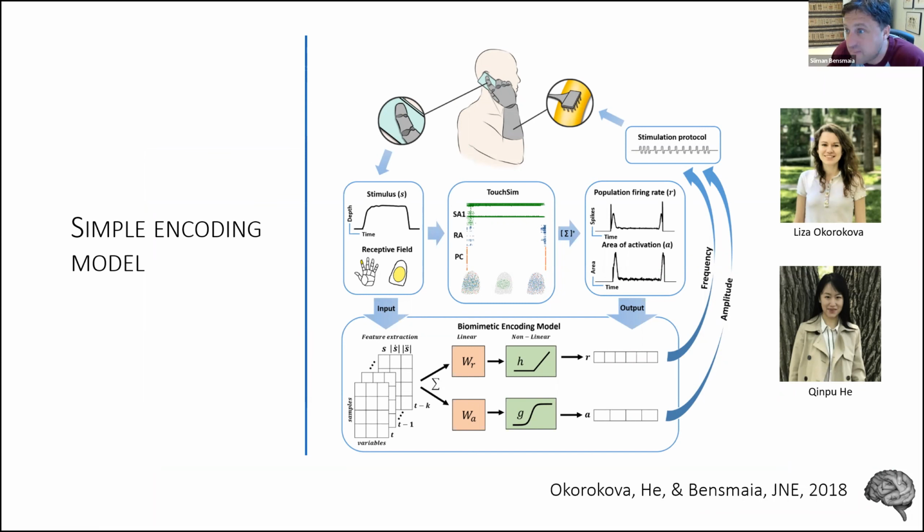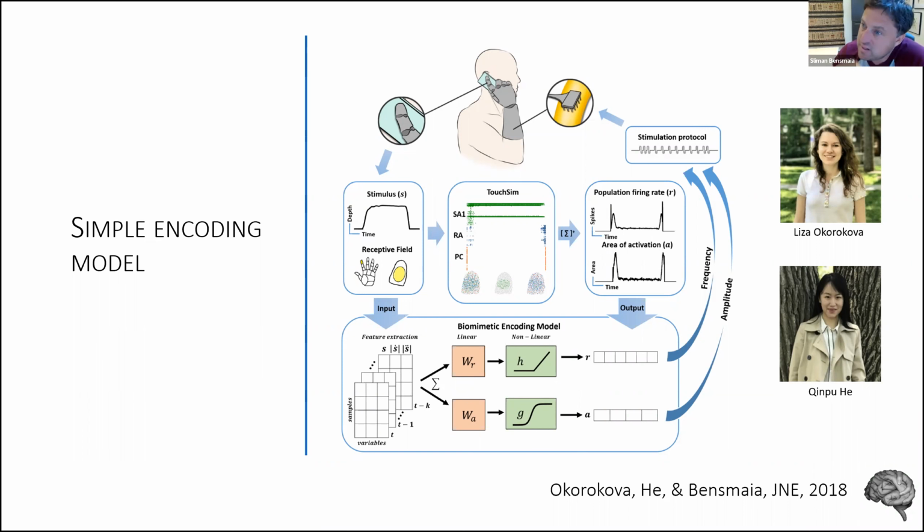So if we had a stimulator that allowed you to selectively activate thousands and thousands of different nerve fibers individually, then we could restore the sense of touch and we'd be good to go. Problem is, that's not where technology is right now. Where technology is right now is you can activate hundreds of afferents at a given time, or maybe even thousands, right? So there's no point in having a model that can tell you what each nerve fiber is doing if all you're doing is activating hundreds of them at a time.